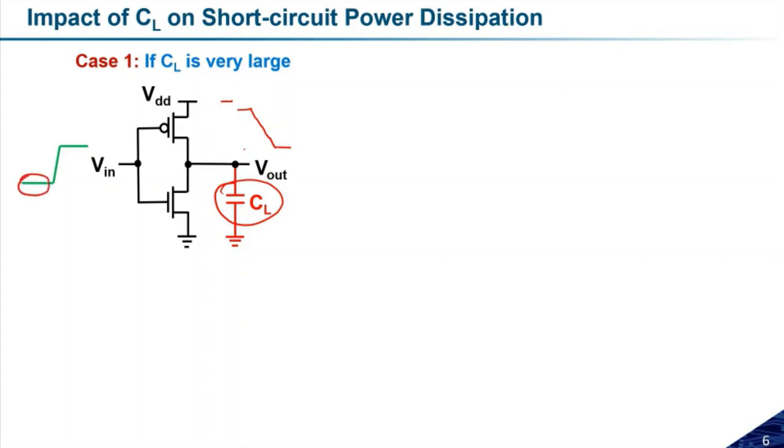The waveform will be something like this. Initially the input was 0, so the output will be 1. But if the rise time is changing, in that case, because the capacitor is large enough, it will take more time to charge. The output fall time is significantly larger than the input rise time.